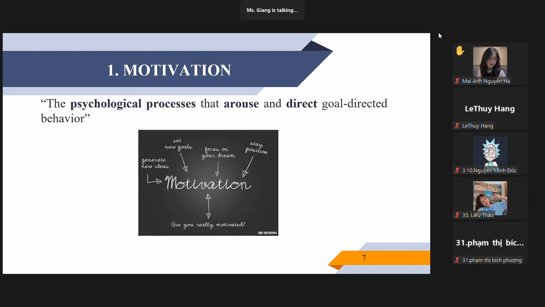And the behavior should be the goal-directed behavior. It means that we do it because we have the objective, we have the goal. For example, we attend this class because we have the goal.